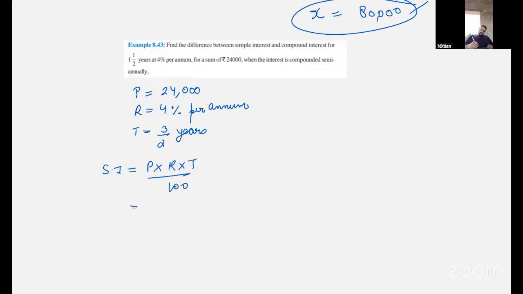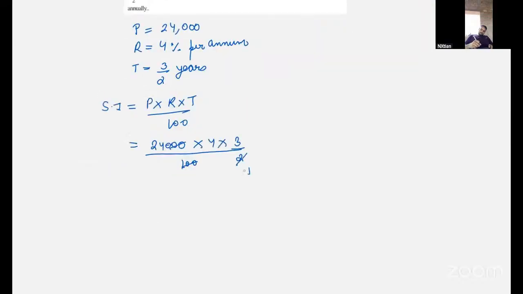Now, P is 24,000, R is 4, and the time is 3/2 upon 100. This and this will cut. So 240 into 6, which is 1440. So this much interest he got in simple interest.